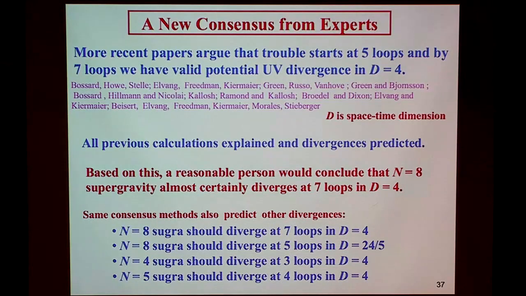We're theorists. We can work in any dimension we please, even dimensions that don't make any sense, but never mind. And then also supergravity theories with fewer supersymmetries: n equals 4 supergravity, half the supersymmetry, n equals 5. They made these very nice predictions. Now, 7 loops is out of reach. 5 loops is giving us some heartburn, but we could do 3 loops, we could do 4 loops. Now, I think you might know what the answer is.